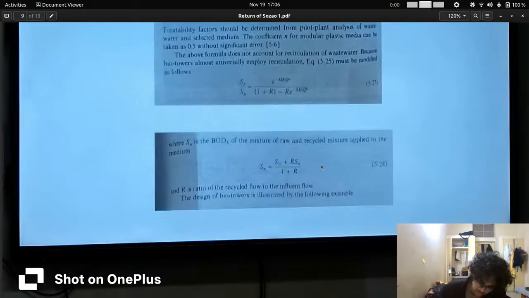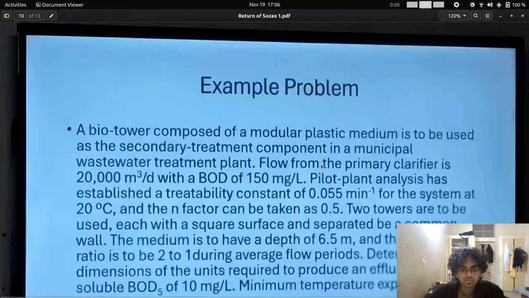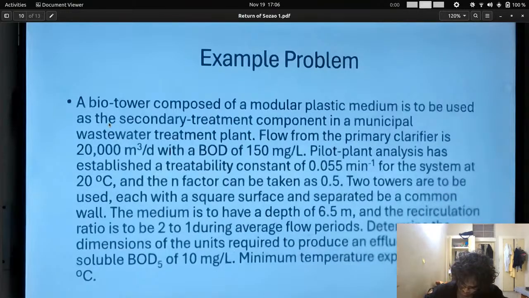So S actual equals S naught plus Se R divided by 1 plus R. This is Se by Sa. Cool. More formulas to memorize.